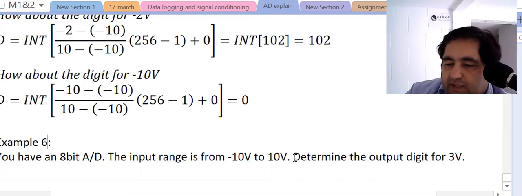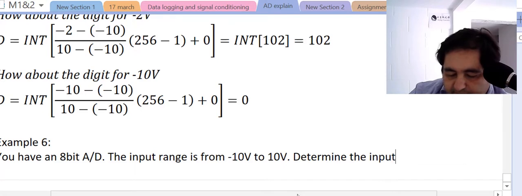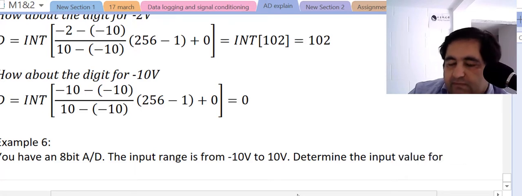Well, I say determine the input value for digits.